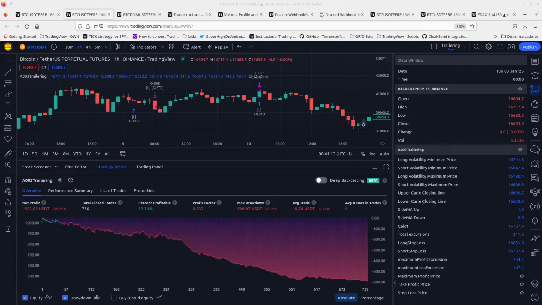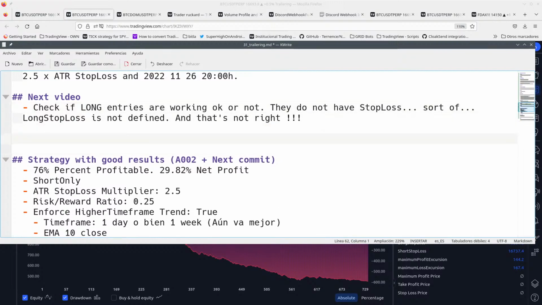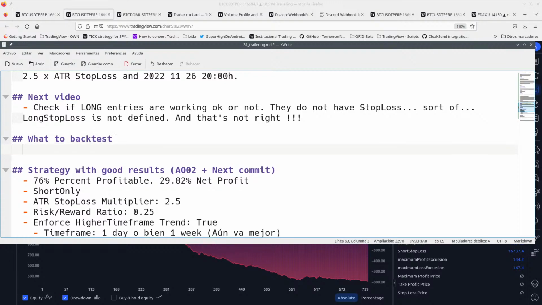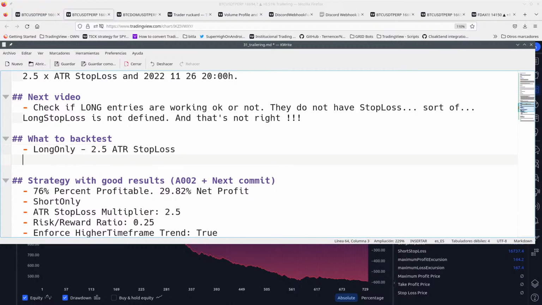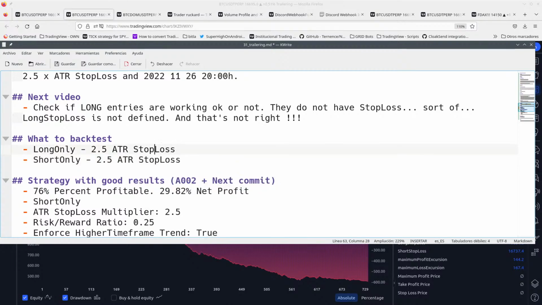What to backtest? So it's long only with a 2.5 stop loss multiplier, and also short only with a 2.5 stop loss. That's what I want to test.